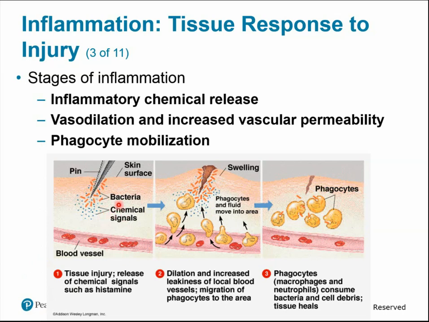These chemical alarms act as vasodilators, so we're going to increase the blood flow to that tissue area. It's also going to increase the permeability of the vessels, so that phagocytes can easily squeeze out through the vessels and into the tissue space where the injury occurred.